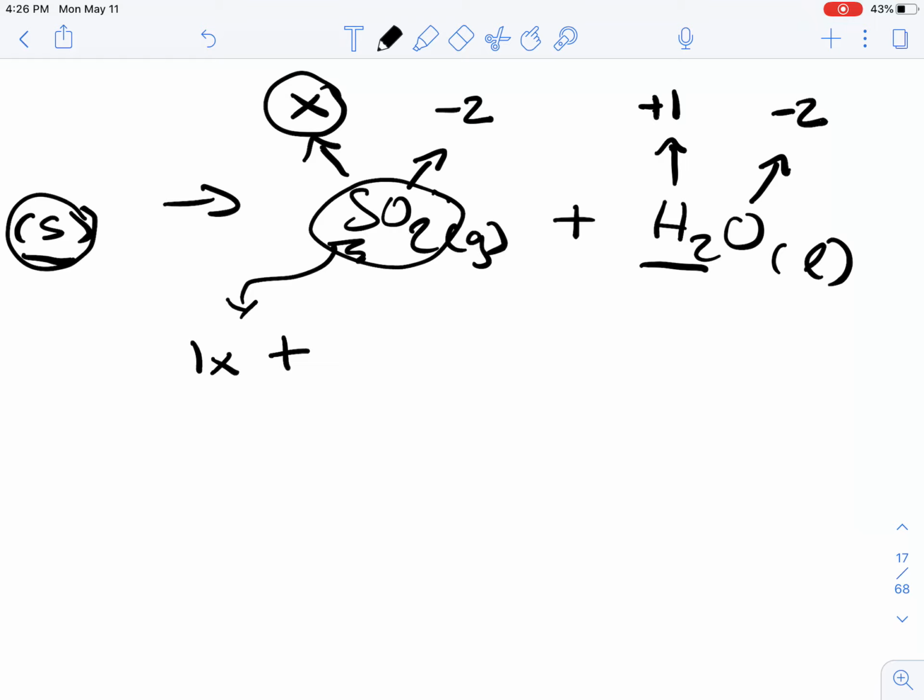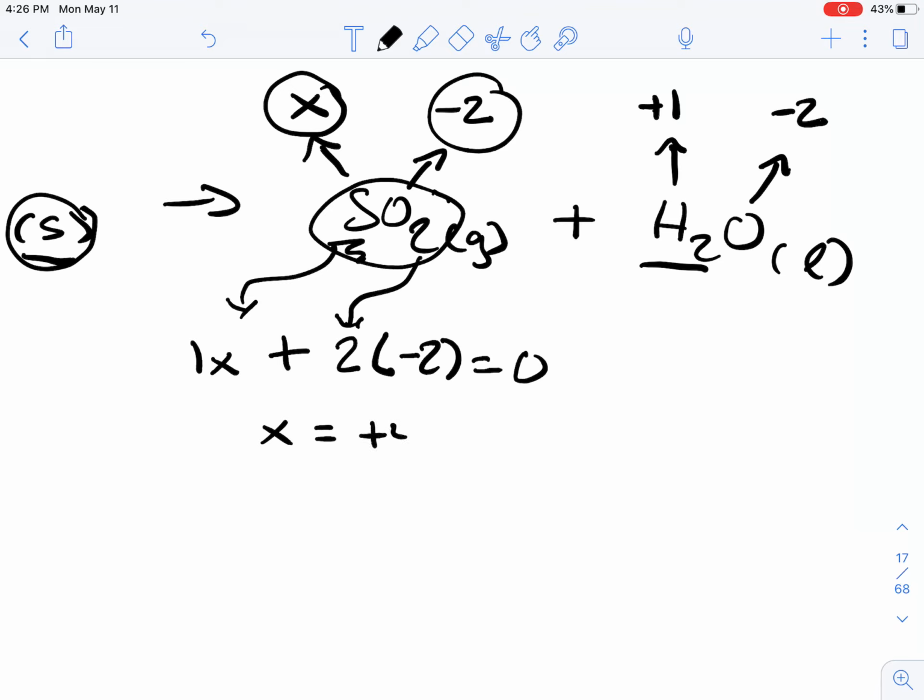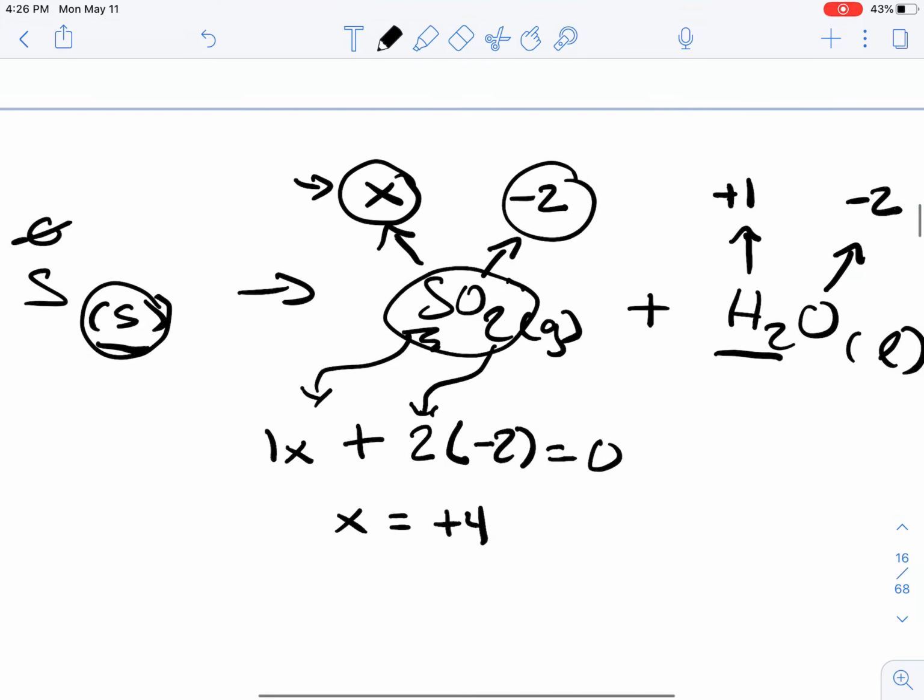Since I have 2 oxygens, I'm going to put 2 and multiply that by the oxidation number, which is -2. That's going to equal 0. If I solve for x, that gives me +4. Therefore, the oxidation number for this sulfur is +4.